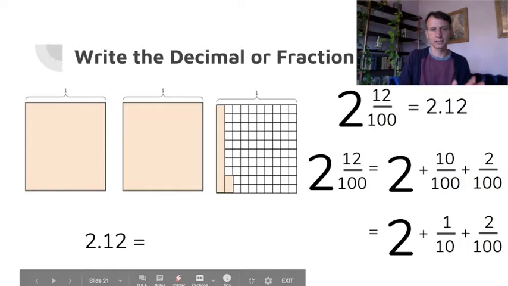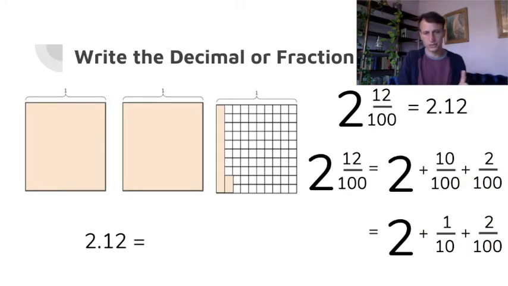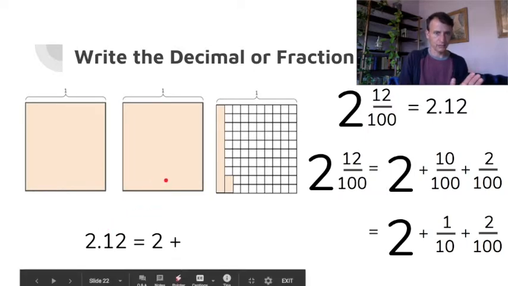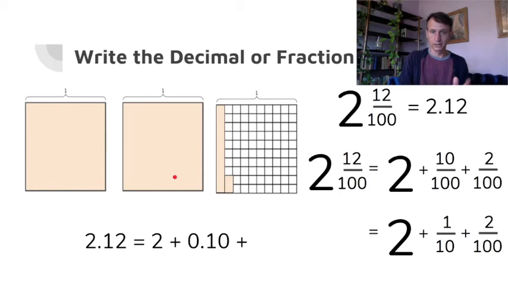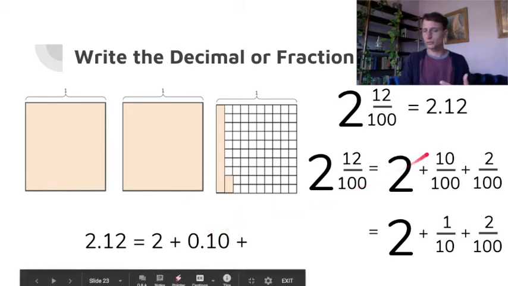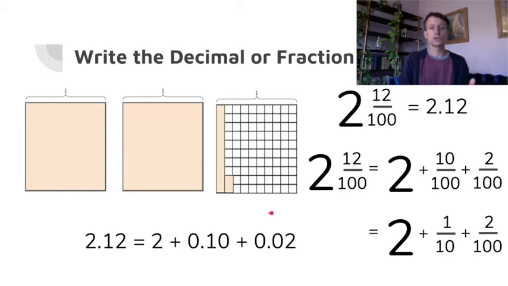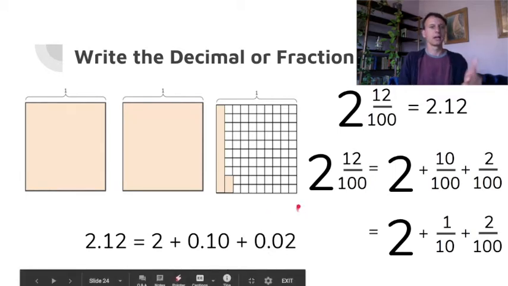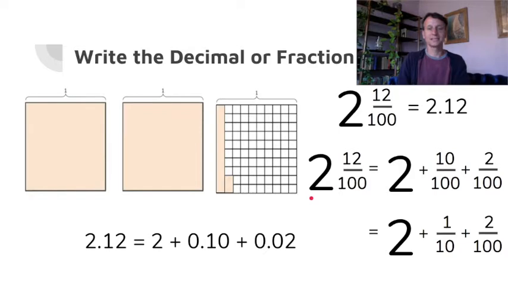Now let's look at it in decimal form, 2 and 12 hundredths. Let's break that down. We have the whole number 2. What do we have in the tenths place? We have a 1, which we're going to call 10 hundredths, just as we did over here in the fraction, okay? And then what else? 2 hundredths. Okay, great. What can we do with that 10 hundredths?